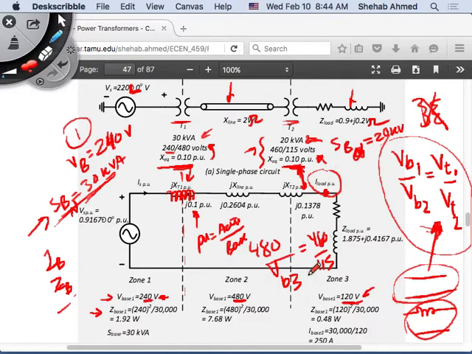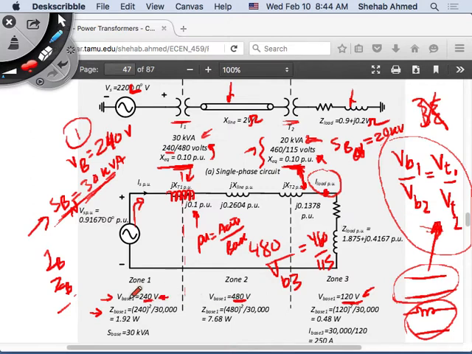Remember, the base current will change in each zone because the base voltage changes in each zone. That's why you divide the circuit up in zones, calculate your base quantities, and then solve your circuit, and then deal with the problems. I calculate the generator current, calculate the load current, and that's all I can do, right? It's not complicated really. Power systems is very systematic.